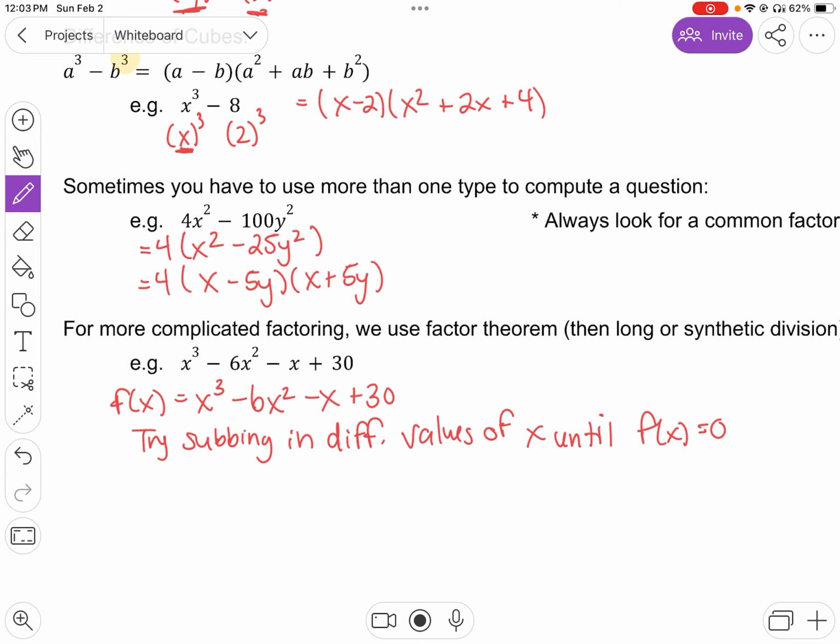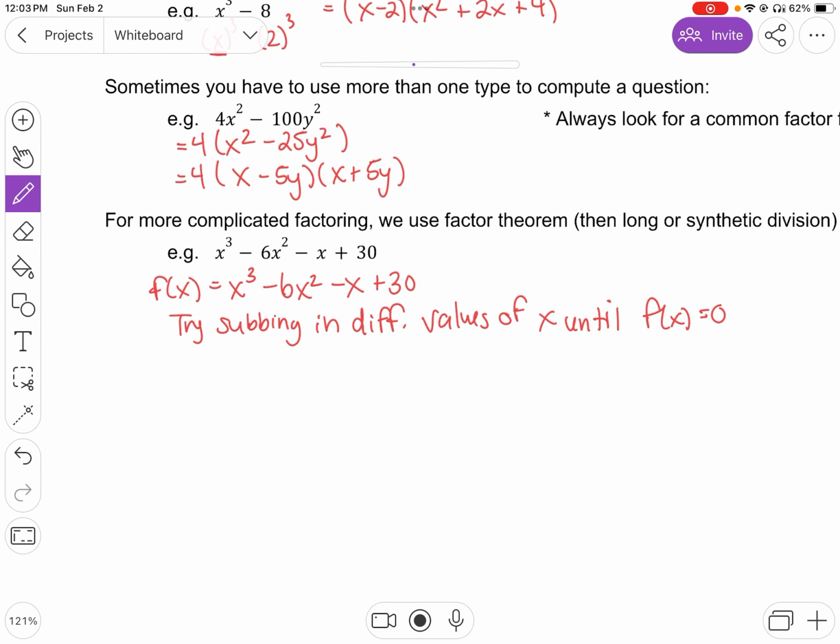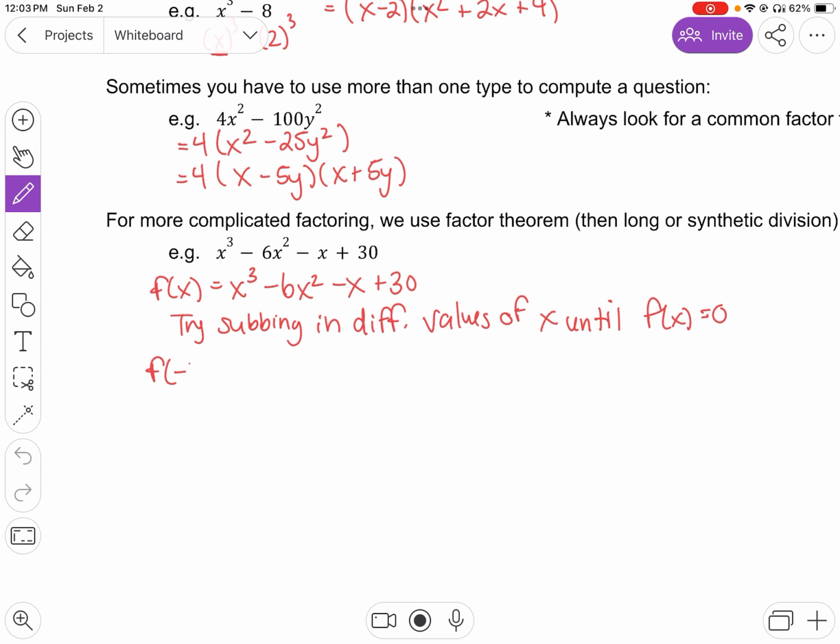So for today's example, I'm going to start with subbing in a -2 and seeing how that works out for me. So I'm going to have -2 cubed minus 6, and then -2 squared. Okay, so let's see what that equals. So now we've got a -8 minus 24 plus 2, and then plus 30.